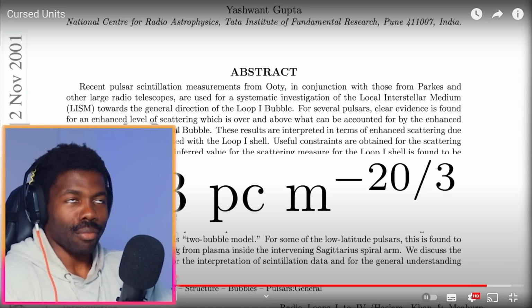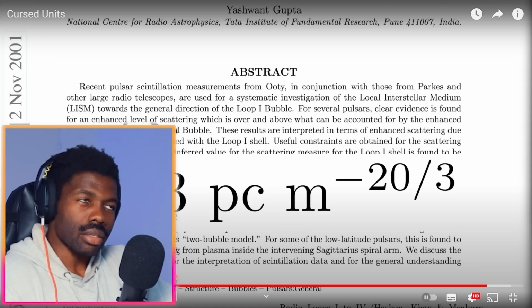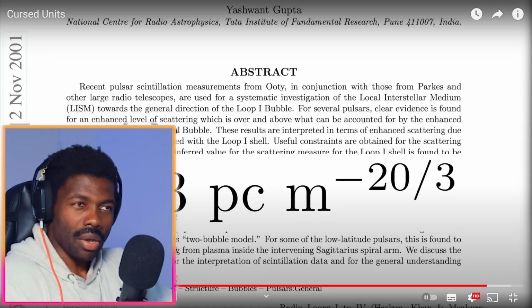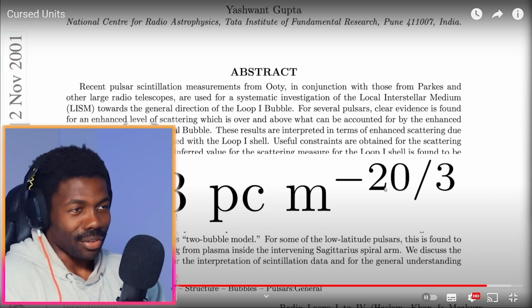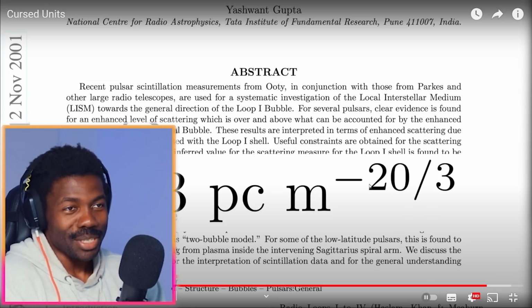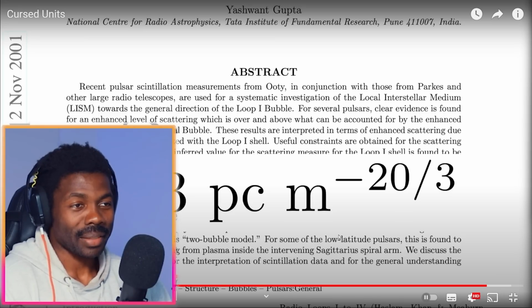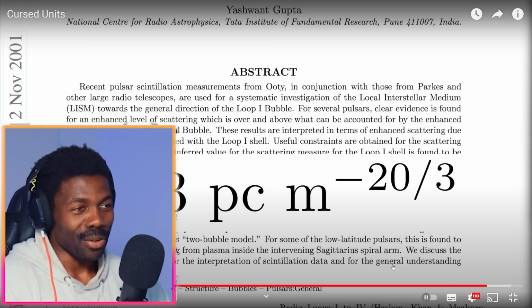And that's something, I want to say, to the minus 13th power in centimeters. So I get the scale here, but with parsecs involved, I don't know exactly why it's to minus 20 on 3.